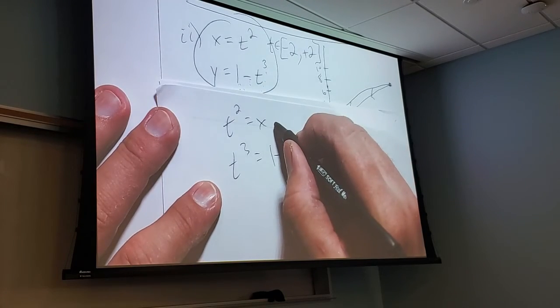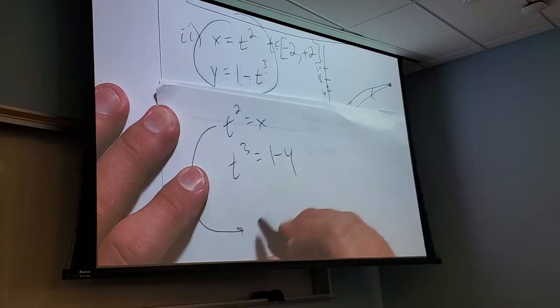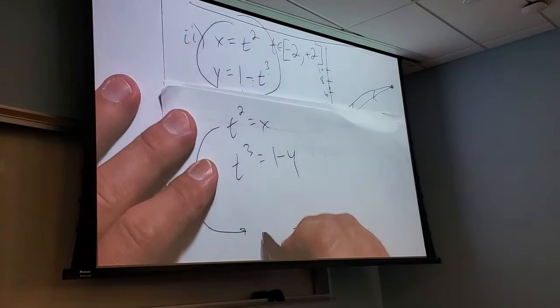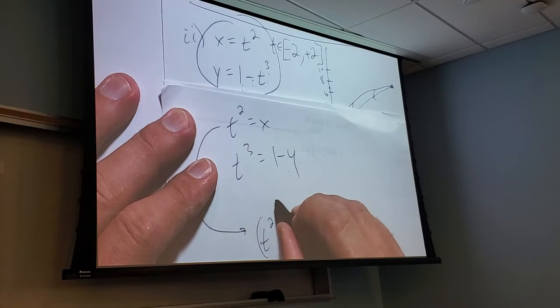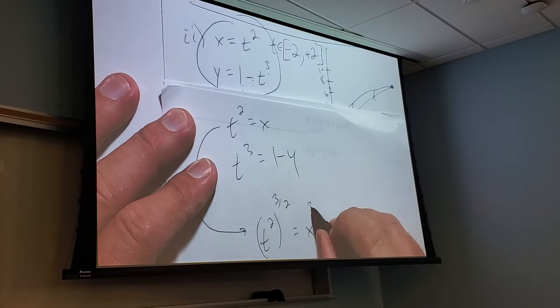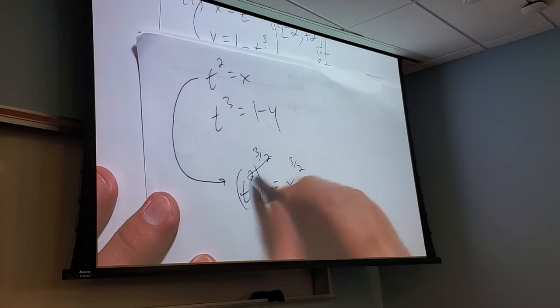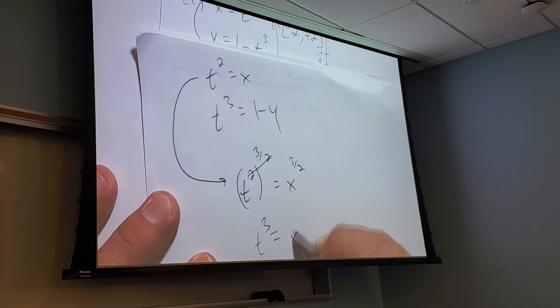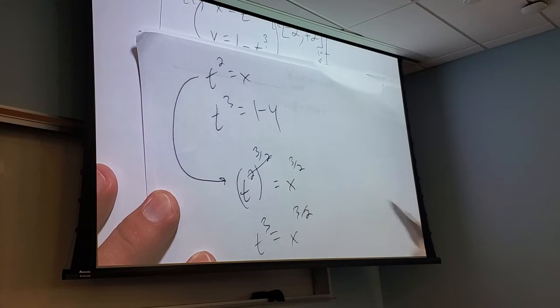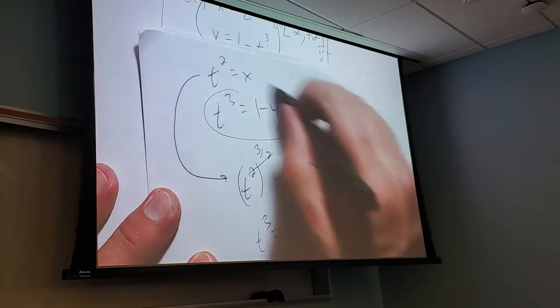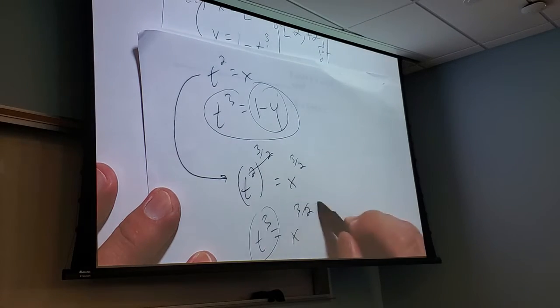If t squared is x, and I raise both sides to the 3/2 power, I get t cubed as x to the 3/2 power. Okay, that's a little weird. But then do you see how t cubed is 1 minus y and t cubed is x to the 3/2?